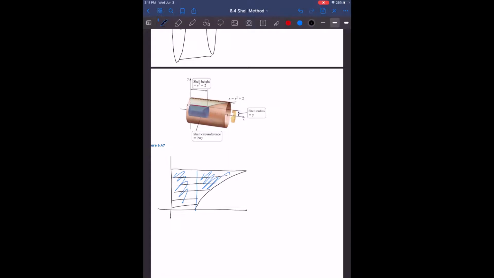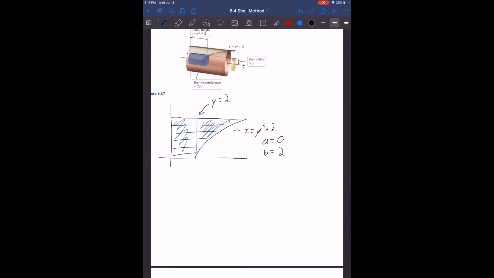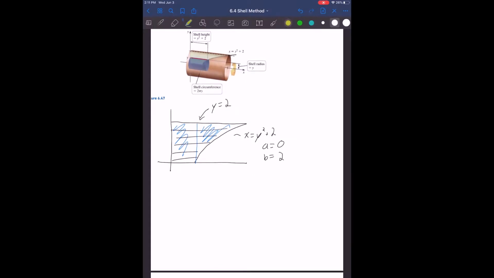So in particular, let me pull up my notes right here, excuse me. So we have the function, this is going to be x equals y squared plus 2, which I guess is written right up there. And we have y values going from a equals 0 to b equals 2. So this line right here is going to be the line y equals 2. So what this means for our function, and you can see this here, is that our radius is going to be y.